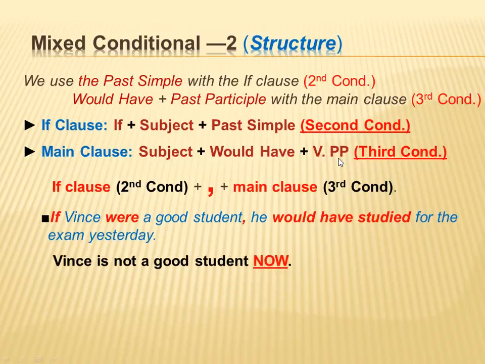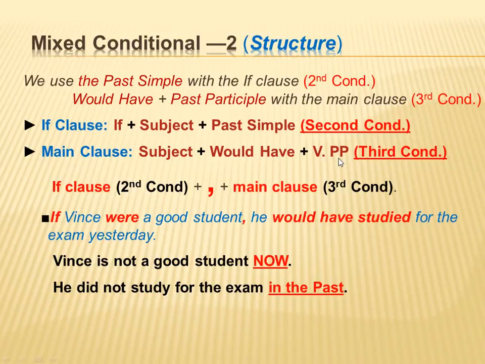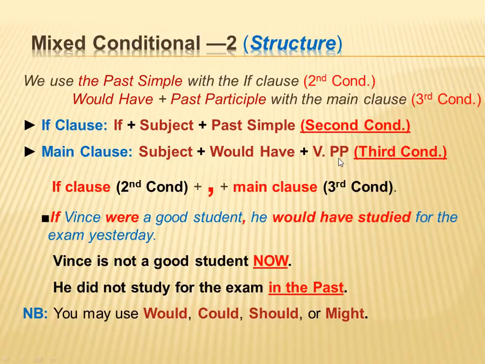And Vince is not a good student now, and he did not study for the exam yesterday in the past. And you have to know that you have to use would, could, should, or might for the mixed conditional two.